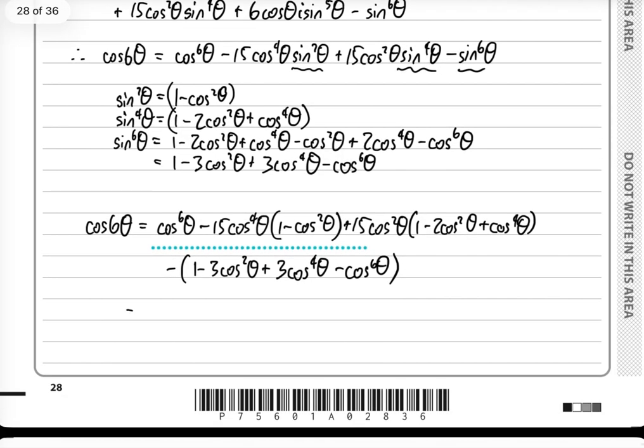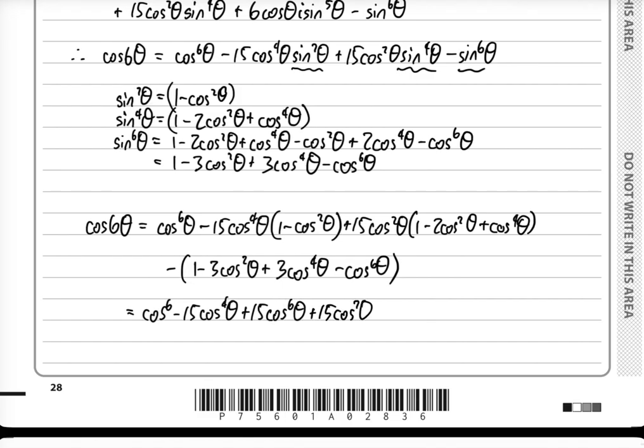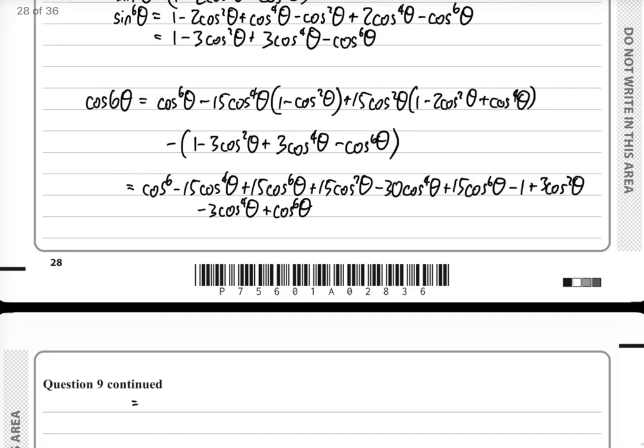Now I'm going to expand those brackets. Minus 15 lots of cos^4 plus 15 lots of cos^6 plus 15 cos squared minus 30 cos^4 plus 15 cos^6 minus 1 plus 3 cos squared minus 3 cos^4 plus cos^6. And when I simplify this, hopefully we get what was given to us in the question.